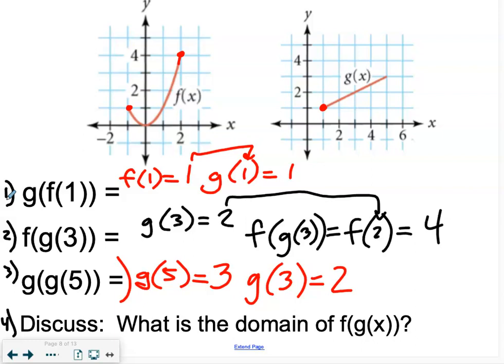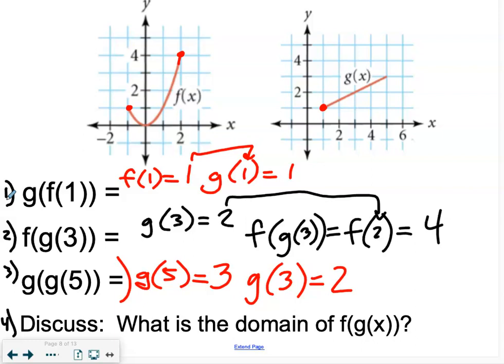Now let's talk about why, and this is tricky. I haven't looked at your test, I don't know if there's one that's confusing on your test, but we're gonna at least get a feel for it so you understand how this works. So the domain of f of g of x: the stuff you're plugging into f are the output values for g.